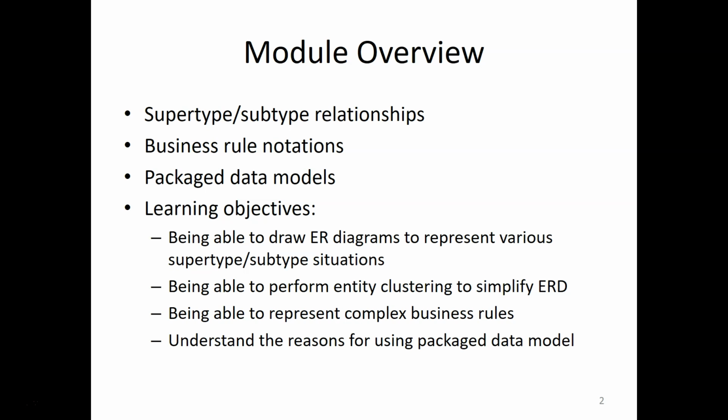You must understand that a data modeling project using a packaged data model would require at least the same amount of effort as a project that's not using a packaged data model. And in some cases, it may require even more effort. The primary reason is that when a data modeling project uses a generic packaged data model, the data modeler must customize the packaged data model to meet local organizational needs and constraints.